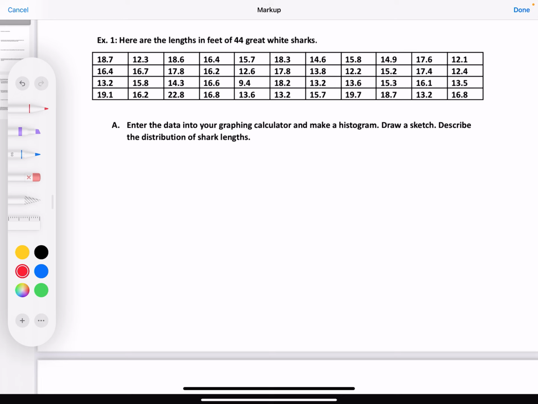Is it not working? Wait, so after you have all that stuff typed in about the plot, hit zoom 6. Wait, is it zoom 6 or zoom 9? 9. Zoom 9 for zoom stat.